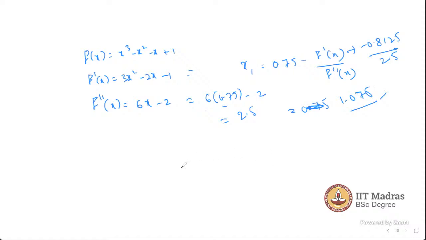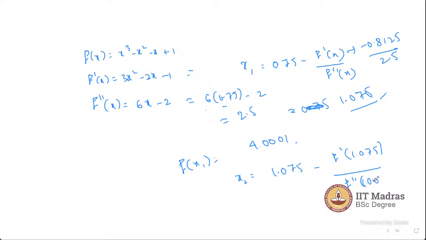And now when we compute the value of f of x1, I think it's going to be greater than 0.001. So we'll compute the value of x2. x2 is equal to 1.075 minus f dash of 1.075 divided by f double dash of 1.075. So what is f dash of 1.075?